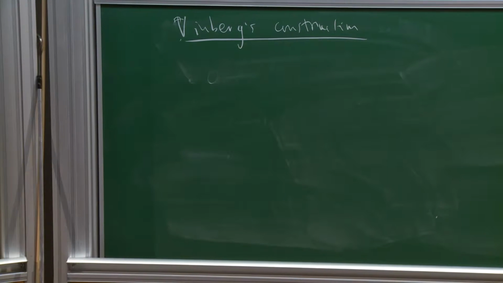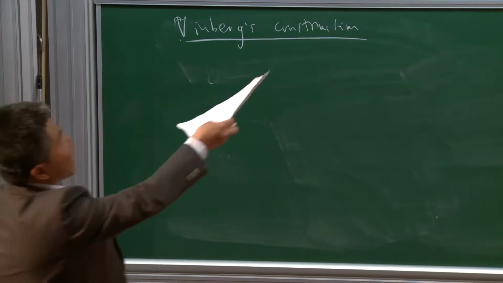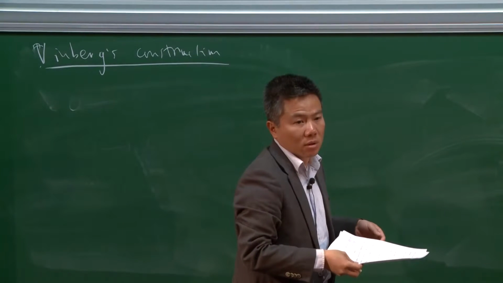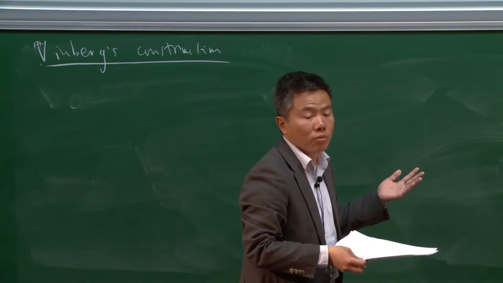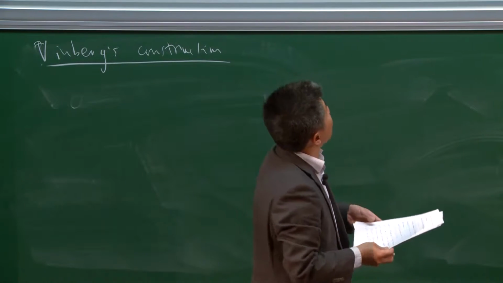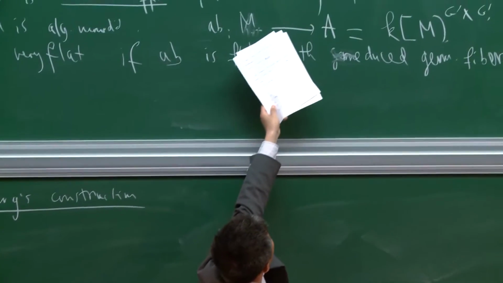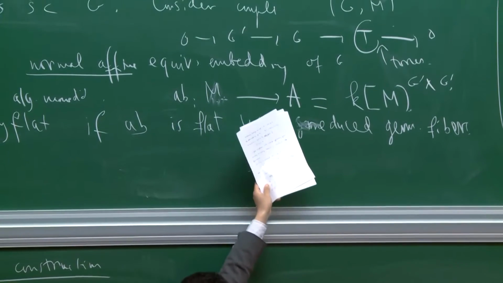Sorry? You said K is a field? K is a field, it can be F_q. Yeah, K is some base field, the base field when you define your group. So when you say flat, it's flat over what? No, this map is flat. That is the map from M to A. Yeah.